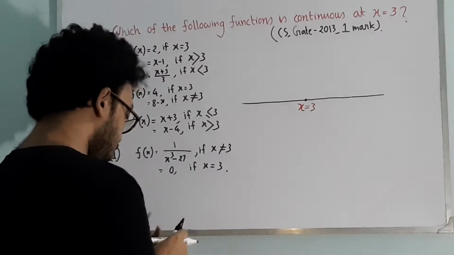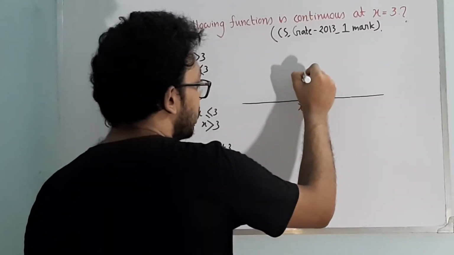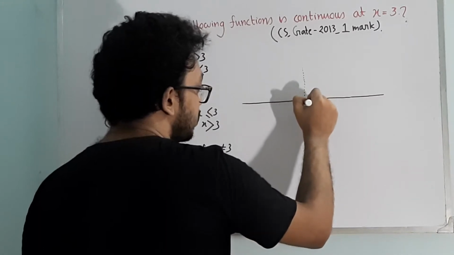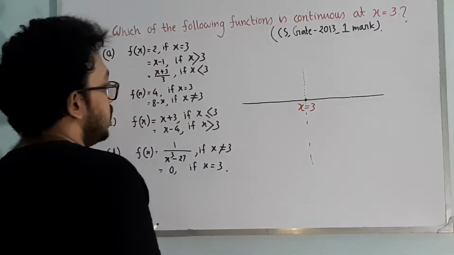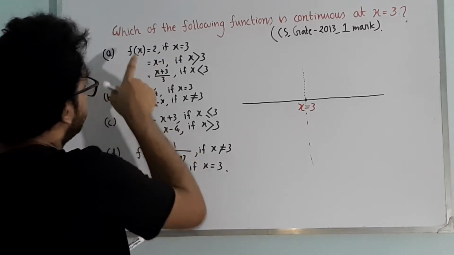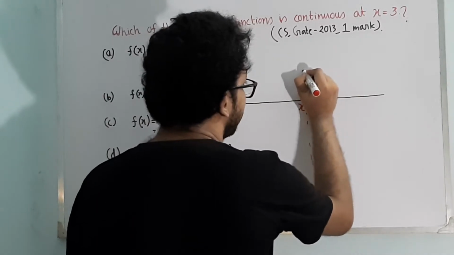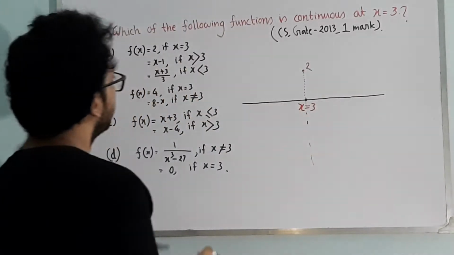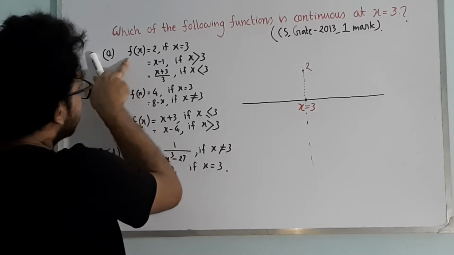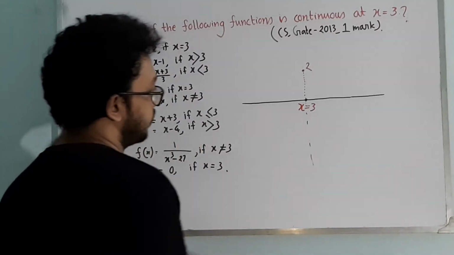Okay. And the problem says, let me draw a line. See, the problem says that at x equal to 3, the value of the function f(x) is 2. It says that f(x) is equal to x minus 1 if x is greater than 3.